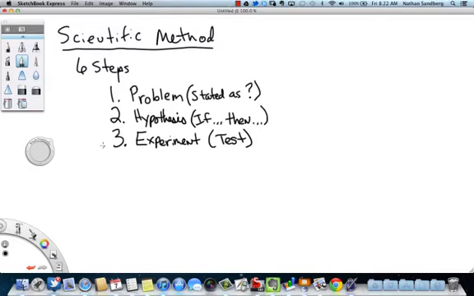And the fourth step of the scientific method, step number 4, after you have tested, actually while you're testing, you're actually making observations. Observations. Okay? And when you're making observations, you're actually using your 5 senses.